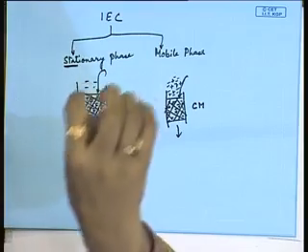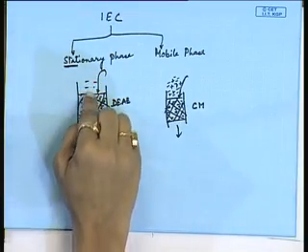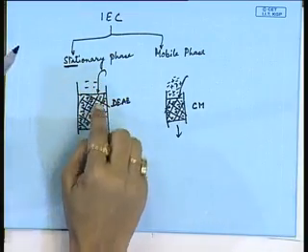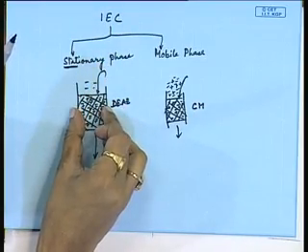That means, we are loading our column with some material which can adsorb some of the proteins or some of the biological molecules based on their characteristics. So, if it is ion exchange chromatography, the binding takes place based on the net charge of the protein. Now, when this binding is taking place, this protein is retained inside this bead.